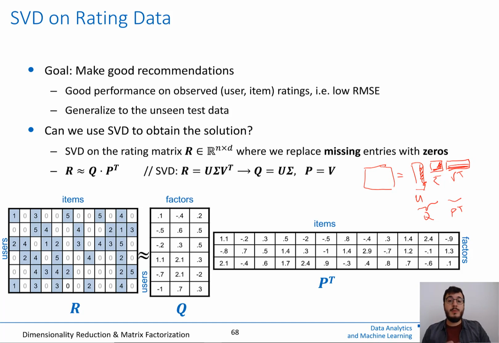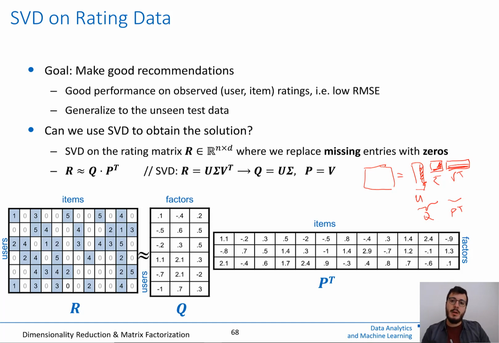Maybe this user would have really liked this item and given it a high rating of 5, but what we've done is we've plugged in a 0. And if you think about what SVD is doing, SVD is trying to reconstruct all of these entries in the matrix as best as possible. So if there's a high number in the original matrix, SVD is going to try and get a high number in the reconstructed matrix.